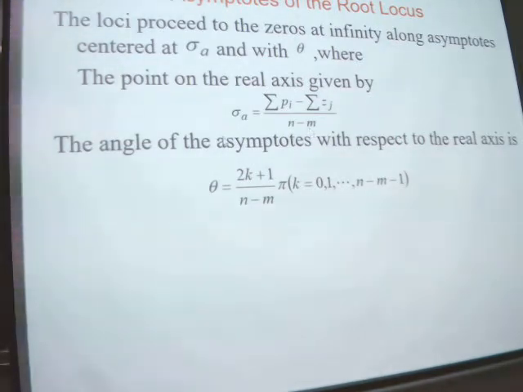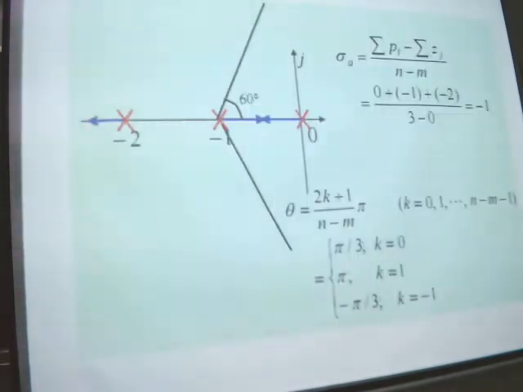The angle of the asymptotes with respect to the real axis is theta equal to (2k plus 1) pi divided by n minus m, where k is from 0 to n minus m minus 1. So this is the asymptotes of the root locus: the point on the real axis and the angle with respect to the real axis. You can see here.